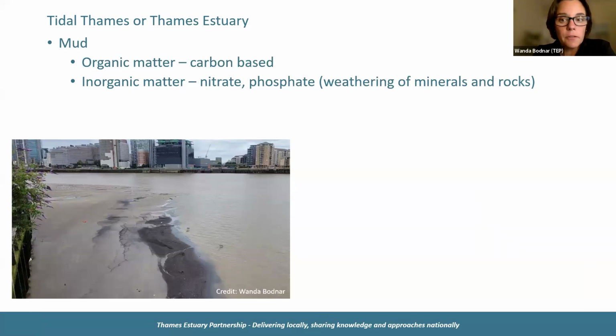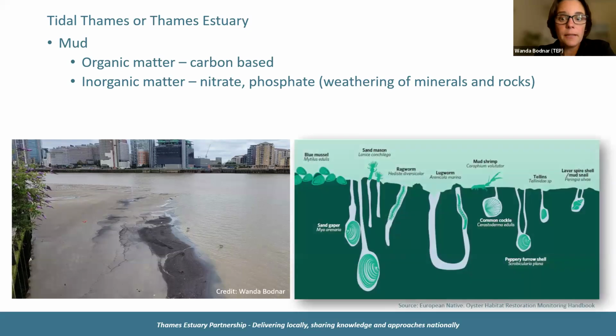Mud is somewhat of a magic ingredient as it carries both organic and inorganic matter with important nutrients for primary production, which makes the Thames estuary a very productive ecosystem. And the mudflats that are created by deposition are home to a wide range of invertebrates, including mollusks, crustaceans, worms, oysters, cockles, and snails.